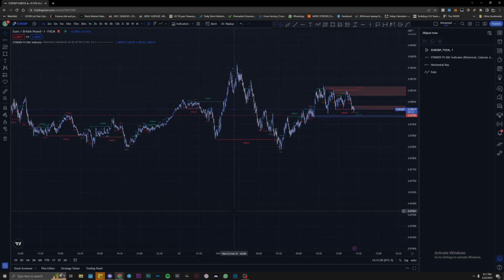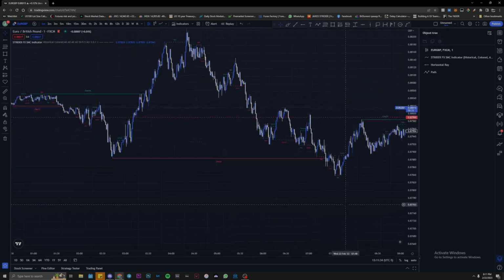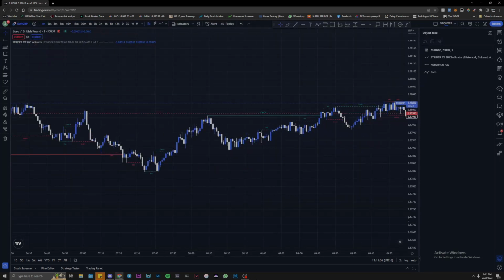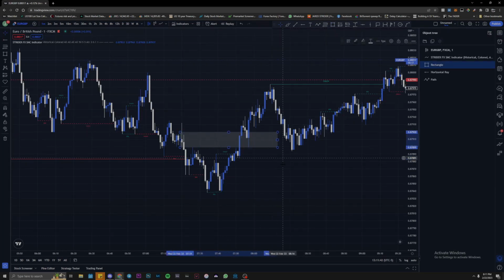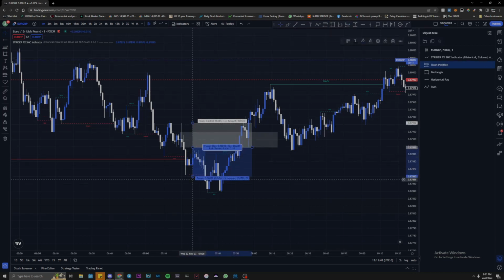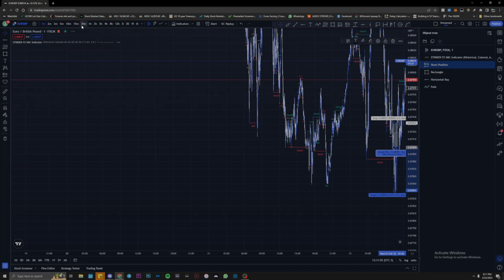Let me just bring up my indicator, just make it a bit easier. He entered down here, looking for a short. Yes, order block. Short position above the high. But then he made the mistake here, ladies and gentlemen. He looked left.